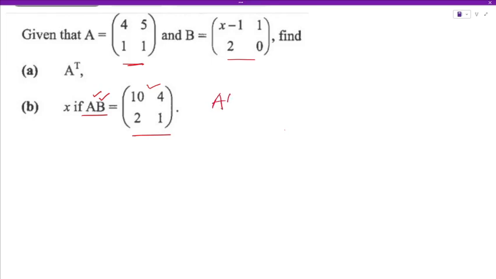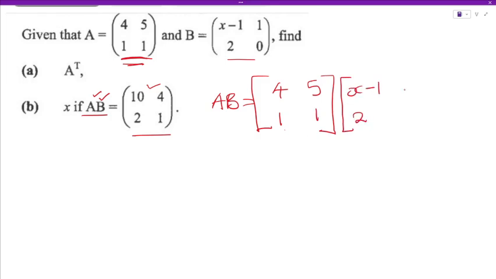So we're going to say AB is equal to, what is matrix A? Matrix A is this one right here, 4 1 1 5 1. What is matrix B? Matrix B is the one that contains the X. We have X minus 1, and we have a 2 there, a 1 there, and a 0 there.